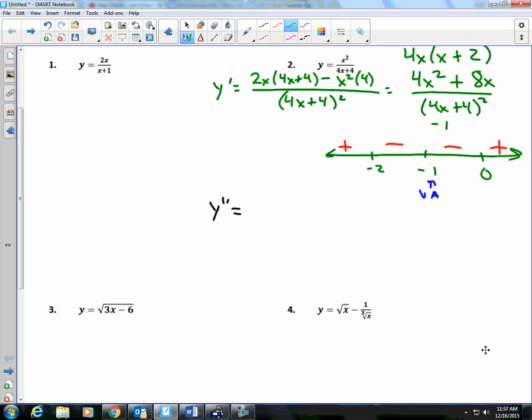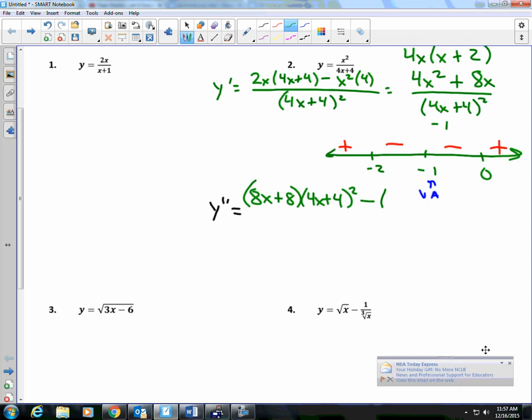So y double prime, we got to take the second derivative. It will be the quotient rule. Derivative of the top is what? 8x plus 8 times the bottom left alone, minus top left alone times the derivative of the bottom.